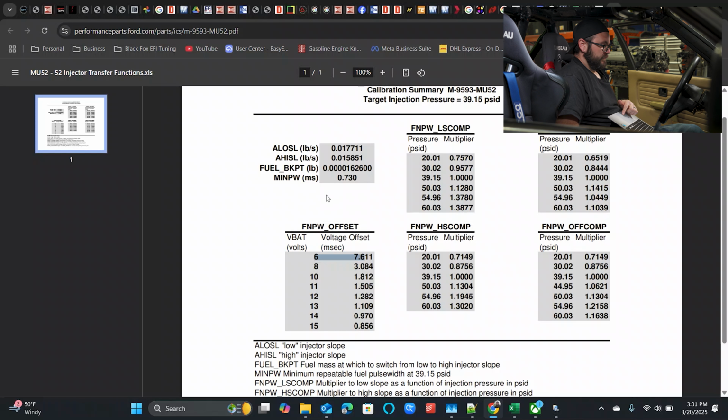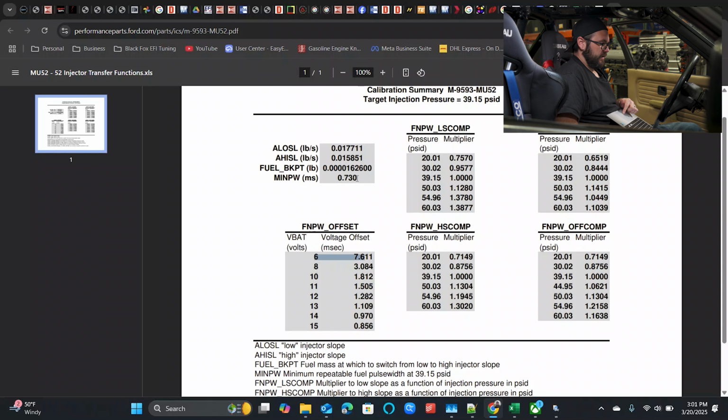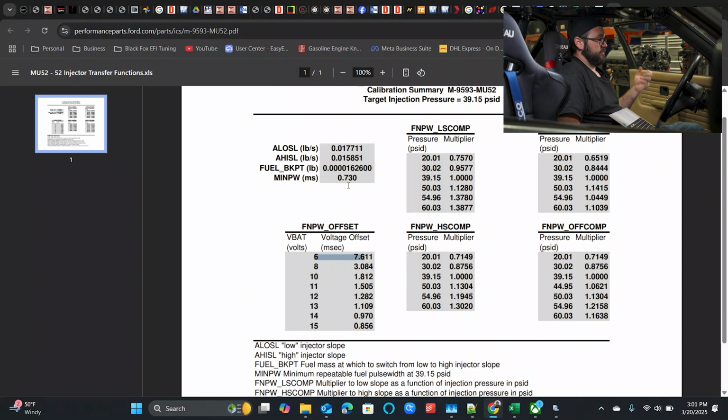One thing to note is that this minimum pulse width is 0.73. That means that if we are looking at our pulse width within TunerStudio and we see that we are near 0.75 and we're starting to get lower, it's pretty common for this to happen on a very large injector on a small displacement motor.